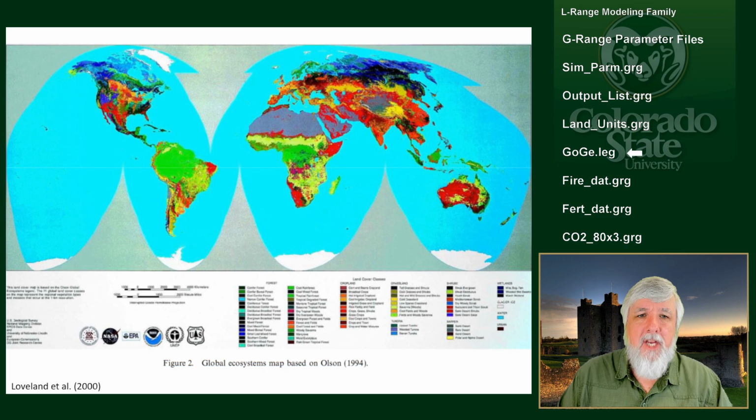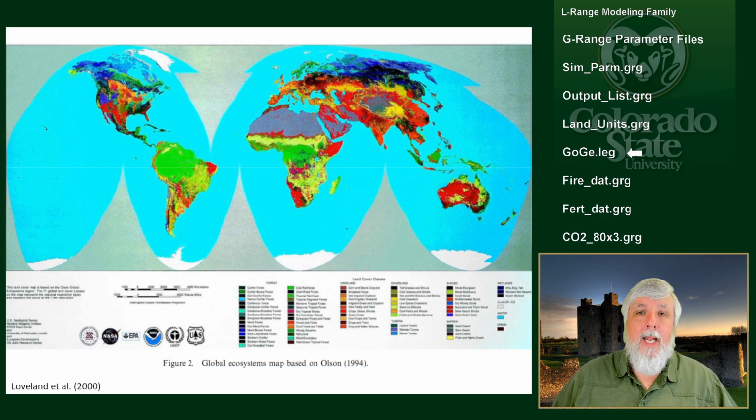It's from that publication, and it's not high enough quality to support that kind of zoom in, but you can get a sense from the bottom of this figure that there are in fact 99 different land cover types that divide the world into all these land cover classes. And so I put this in place as a grid ASCII file that's imported into GRange.